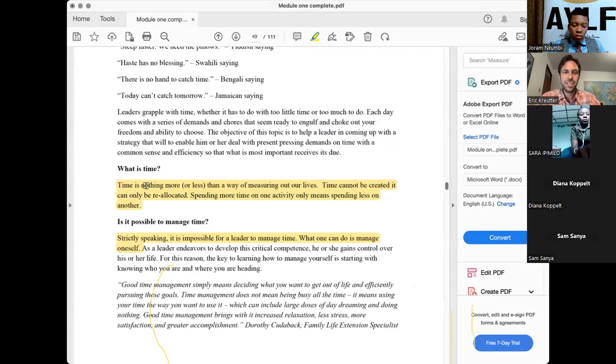When you spend time on browsing the internet and Facebook and social media, it means you cannot spend time on connecting with people in meetings or writing emails or making phone calls with people. Every decision that we make as a leader costs time. Everything that we do as a human being costs time.